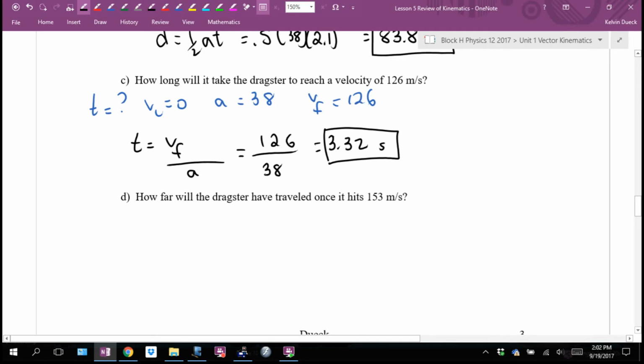How far will the dragster have traveled once it hits 153 meters per second? What's this question asking me to find, Sydney? And I think we've changed the condition again because it says 153. So VF this time is 153, VI still 0, and A still 38.